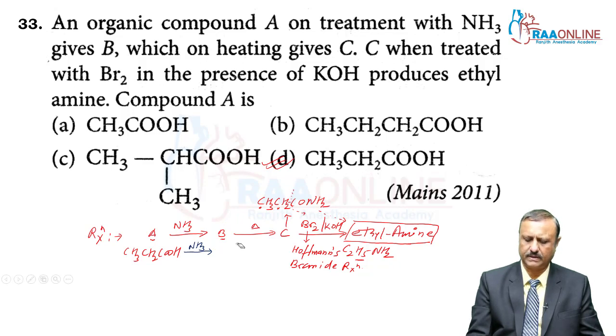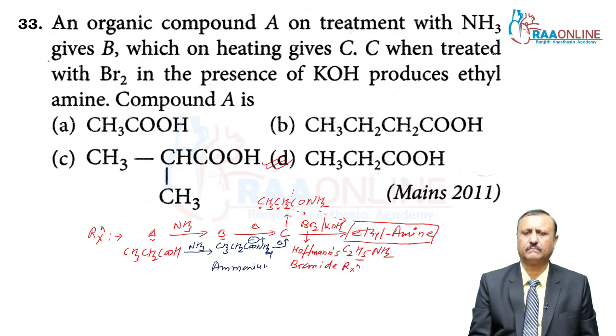CH3CH2COONH4, the ammonium salt of propanoic acid, with plus and minus ions.